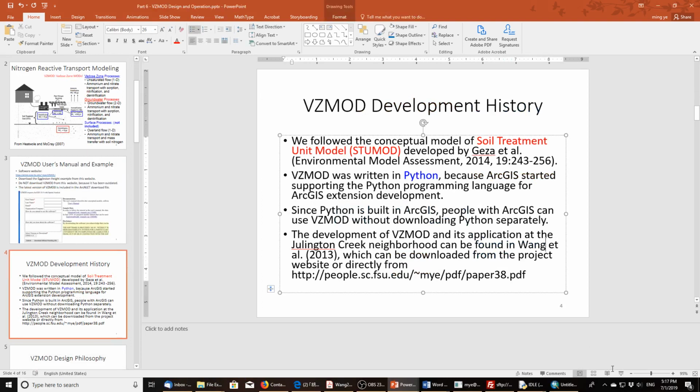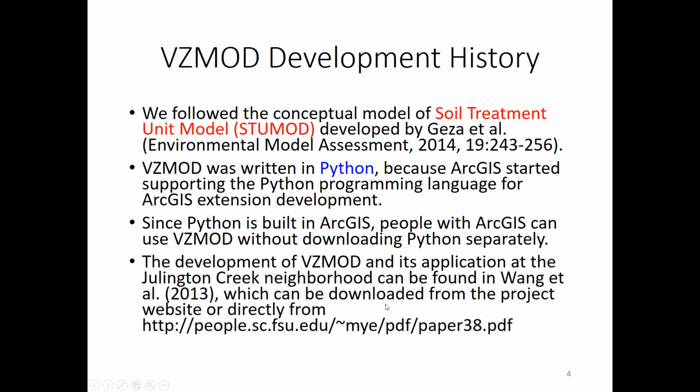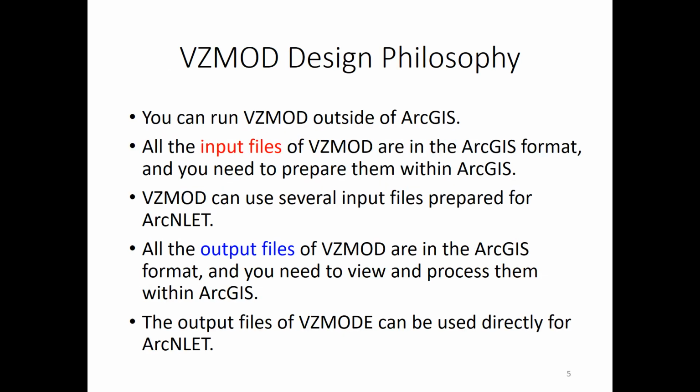She was my postdoc working on the development. This paper can be downloaded directly from this website, or from the project website. You can run VZMOD outside of GIS. You don't need to open GIS like you did for ArcNLET, but you can certainly run it within ArcGIS. I will show you how to do it later on.